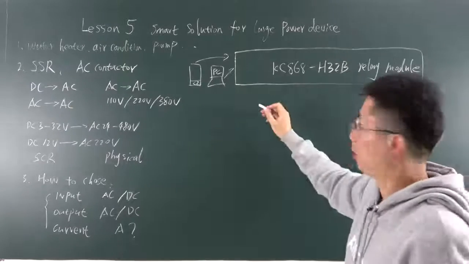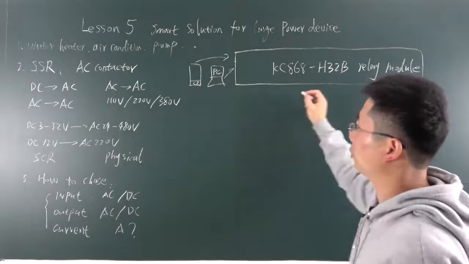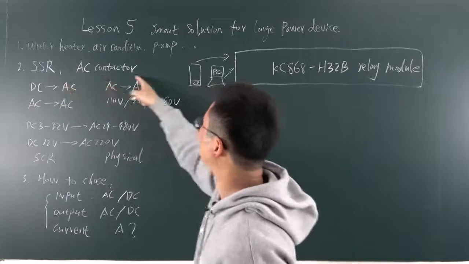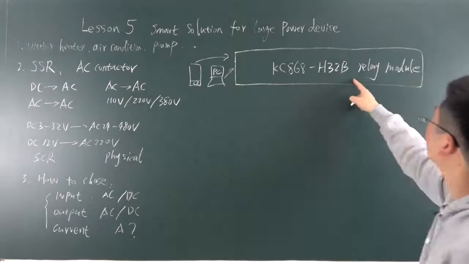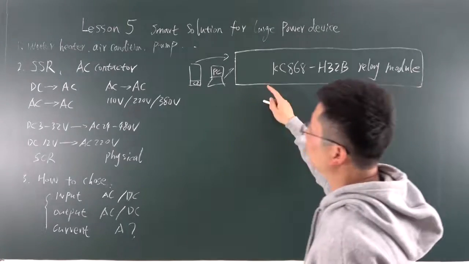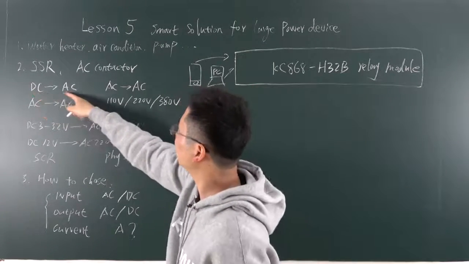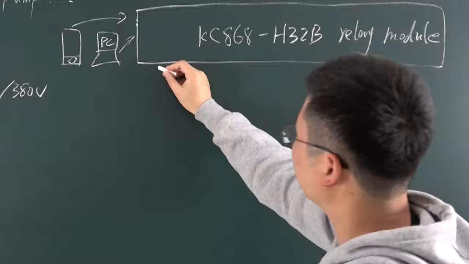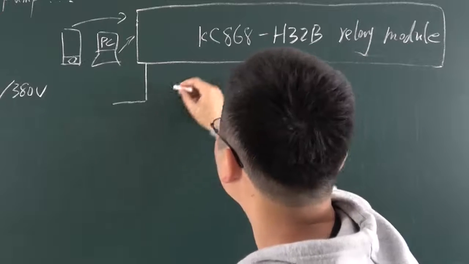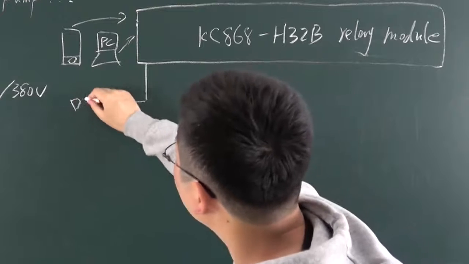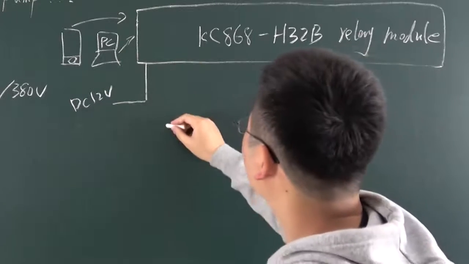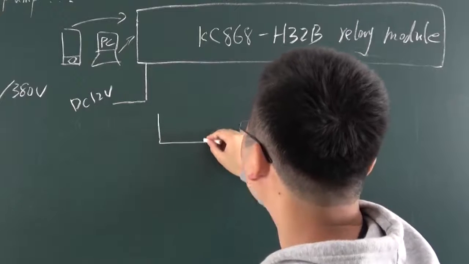We have drawn a diagram to show you how to connect the SSR or AC contactor to the H32B relay module. For example, we use DC to control AC. This is 12 volt DC, this is the output, and this is the SSR.